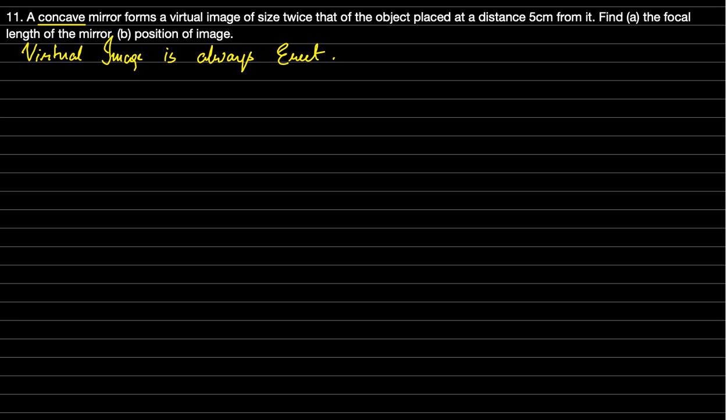So, of size twice that of the object. So if we consider the size of the object as x, the size of the image is going to be 2x. Remember, it will be positive 2x because it is erect.